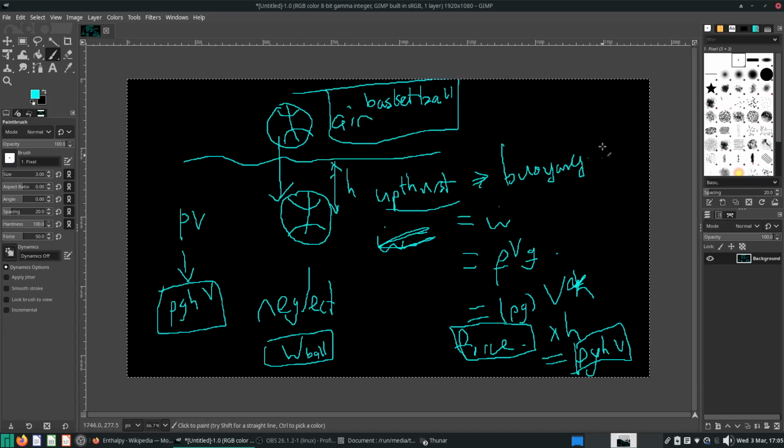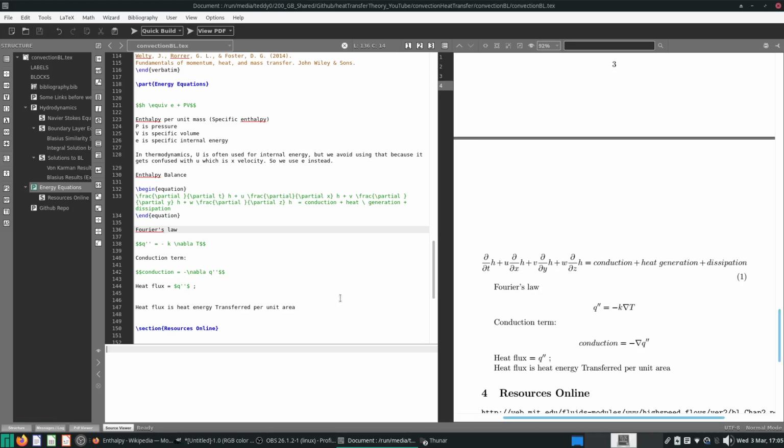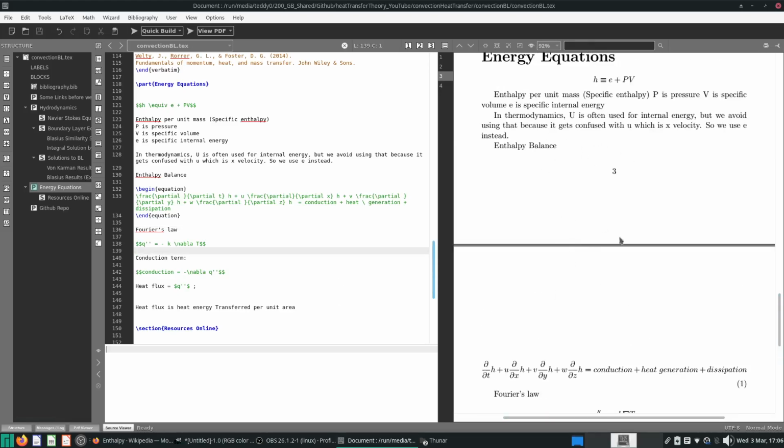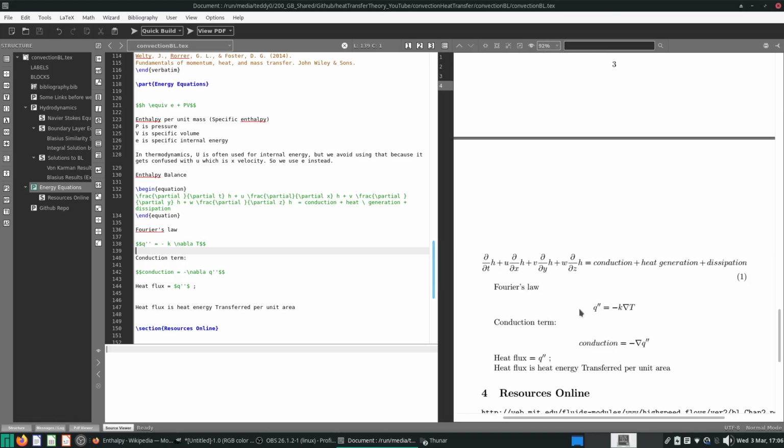We call this flow work. Better not to cancel flow work. So how is this enthalpy balance being done? H equals E plus PV. So we have the substantial derivative term here, the time derivative, and of course the advection term over here.